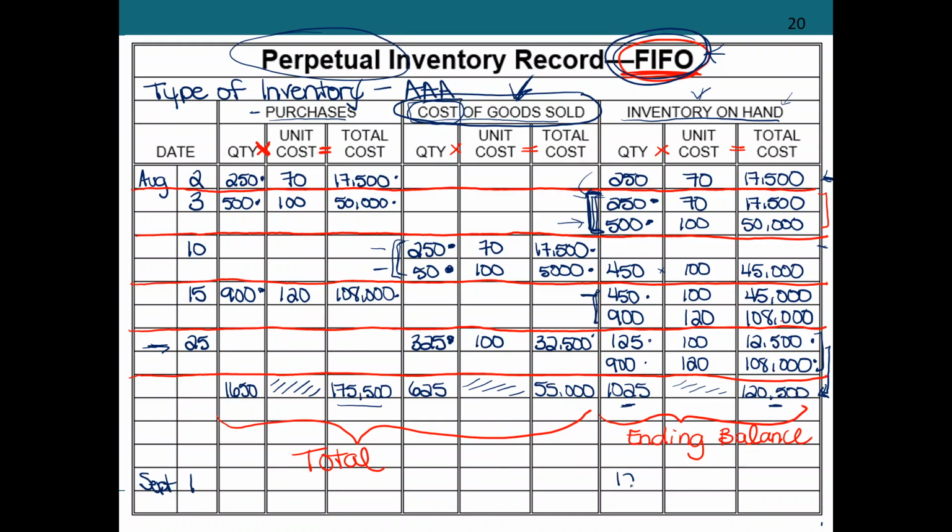So you would start with 125 at 100, 12,500, and the 900 at 120, which gets us to 108,000. The bottom line we see here, the total inventory on hand at the end of the month, is just a summary to double check. We're still breaking these out into the two different costs when we start the next month.